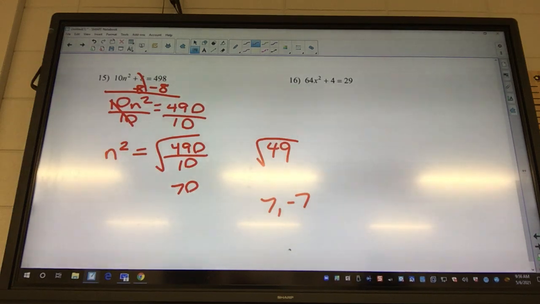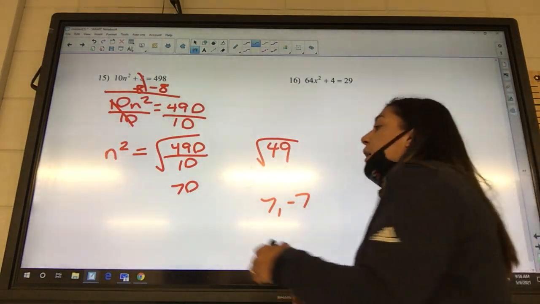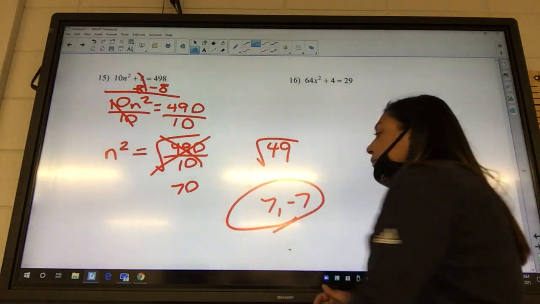Sometimes you're going to get to a fraction where you can't simplify. Type in the square root of 10 and see what you get on your calculator. If you get some kind of weird decimal, then you know that one doesn't actually work, and you probably need to simplify the fraction beforehand. You can't really simplify a square root of 10.